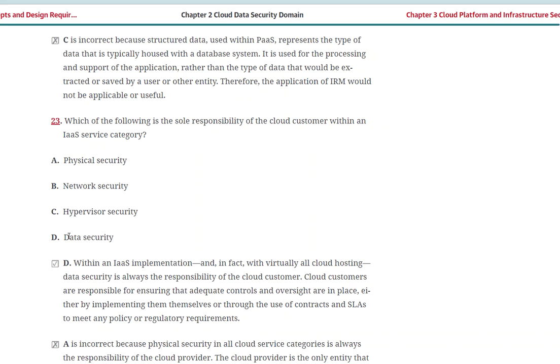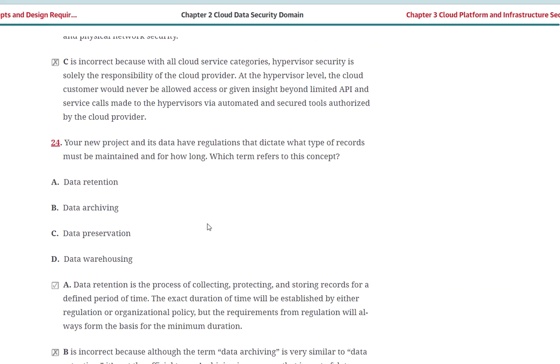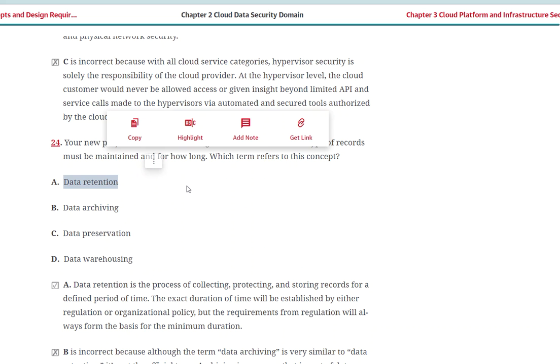And the correct answer is data security. Question 24. Your new project and its data have regulations that dictate what type of records must be maintained and for how long. Which term refers to this concept? And the correct answer is data retention.